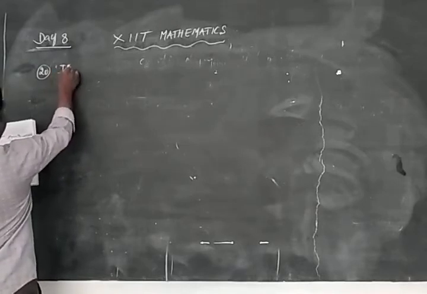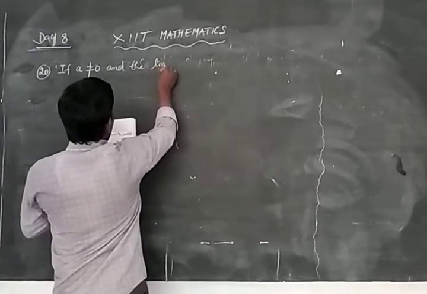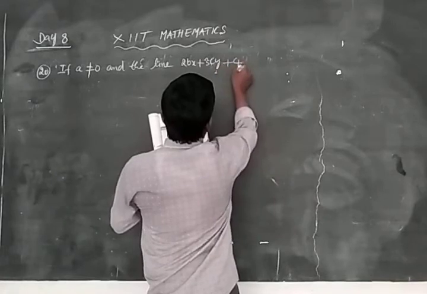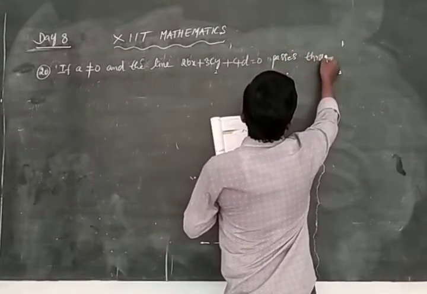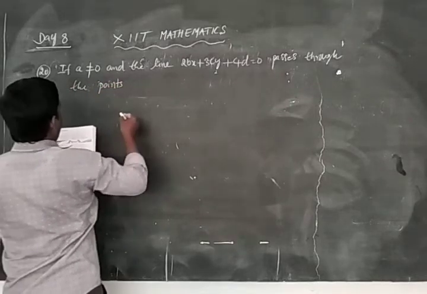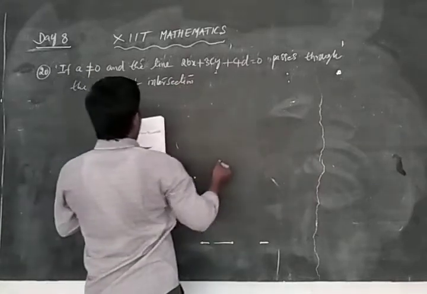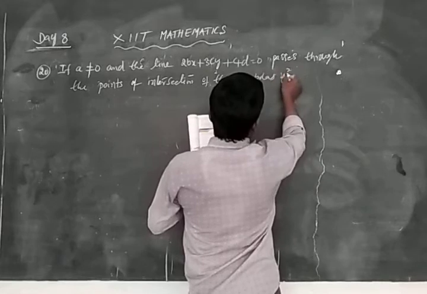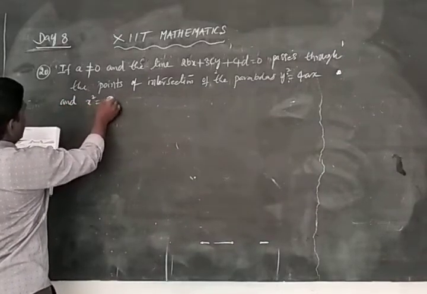If a not equal to 0, and the line 2bx plus 3cy plus 4d equal to 0 passes through the points of intersection of the parabolas y square equal to 4ax and x square is equal to 4ay.